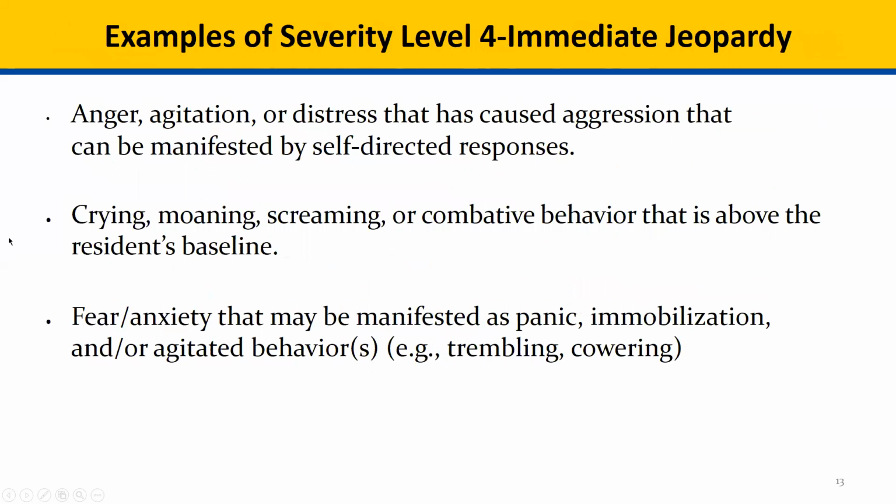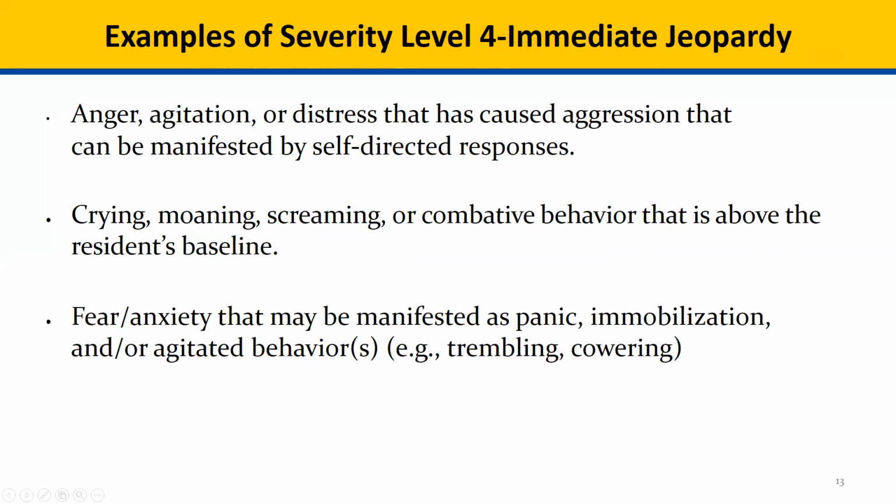CMS also revised examples of psychosocial outcomes under each severity level. The training will describe only a few of these revisions. Under immediate jeopardy, psychosocial outcomes under this category include, but are not limited to, the following examples. Anger, agitation, or distress that has caused aggression that can be manifested by self-directed responses.